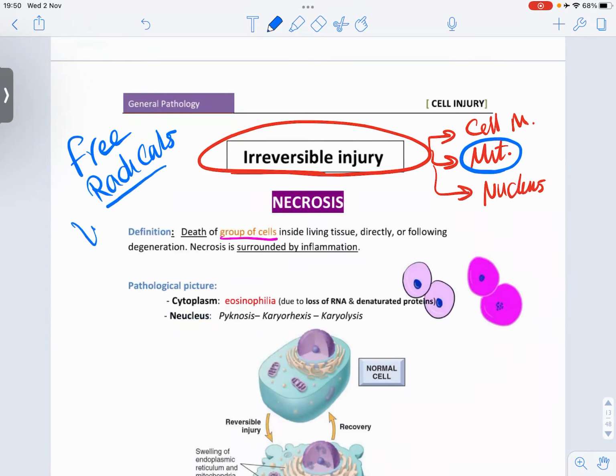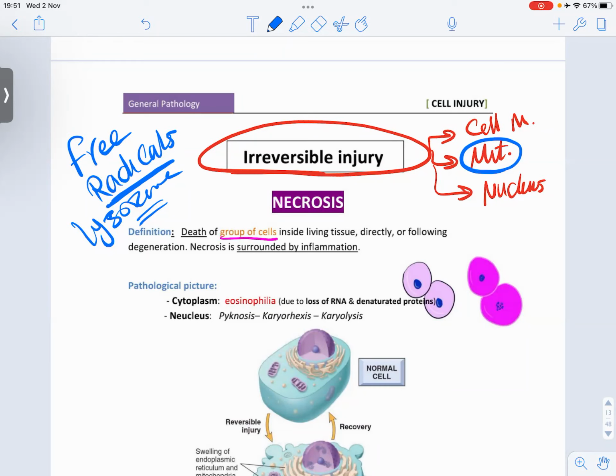Inside the cell we also have lysosomes. They are proteolytic enzymes, enzymes which can break down protein, and the free radicals can break down and destroy all structures. So when the cell and its membrane are destroyed, all the free radicals inside this cell will go to the next cell and destroy the neighboring cell, and then go to the third, fourth, fifth.